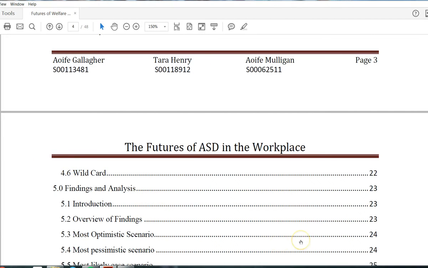Now again, we discussed wild cards. These are unknown variables, or unknowns is probably too definitive; it's a speculation that certain phenomena, drivers of change or events may happen that will domino, by that I mean will impact upon the area of exploration that you have chosen to write your assignment on.